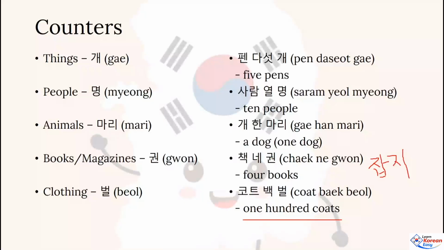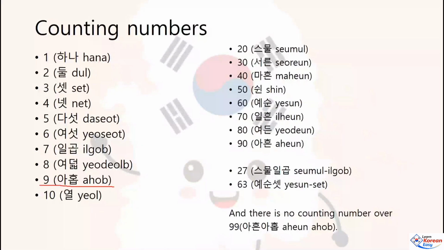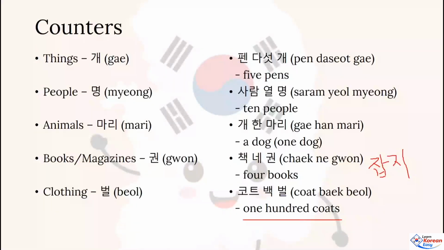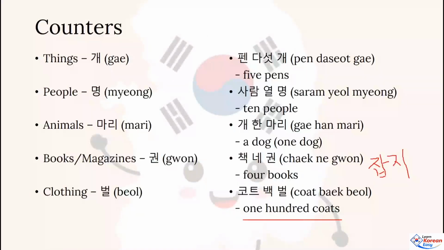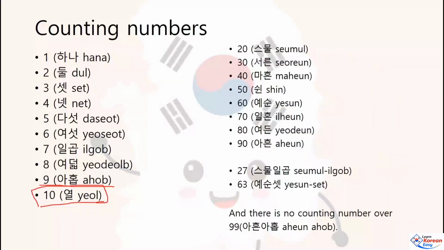So what about just 10 coats? Then it's just 코트 10벌. Because right here we learned 열 as 10. But you can say 코트 10벌, that's 10 also. It'd be better to say 열, but if you don't remember 열, just say 10벌.